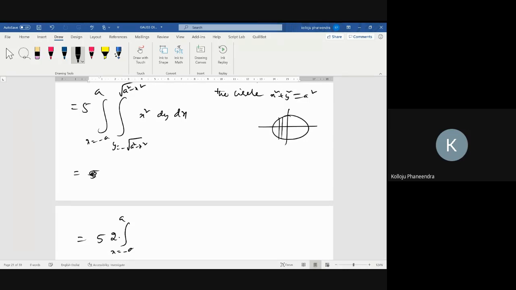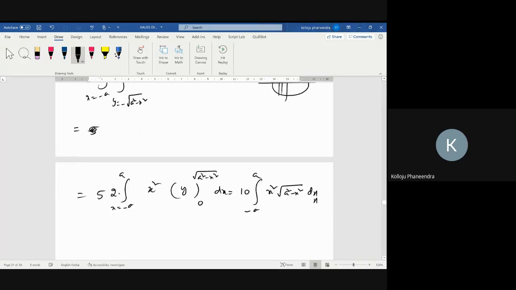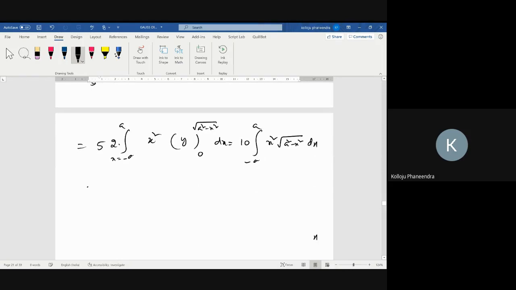This is 2 into, I will write directly, x square y between 0 to root of a square minus x square. So this is 10 into integral from minus a to plus a of x square into root of a square minus x square dx. Then this is completely an even function, so 20 times integral 0 to a of x square into root of a square minus x square dx.